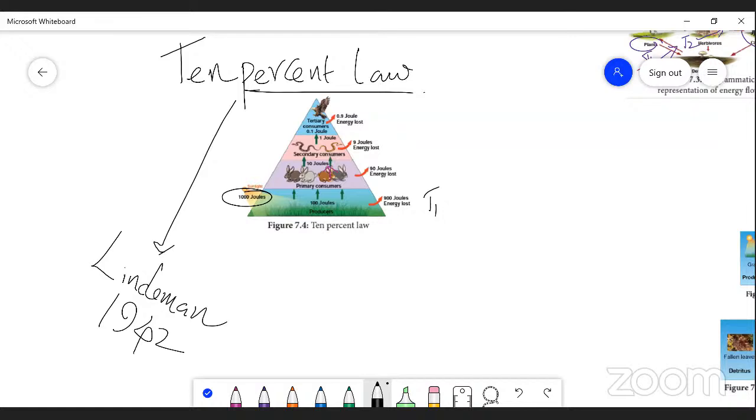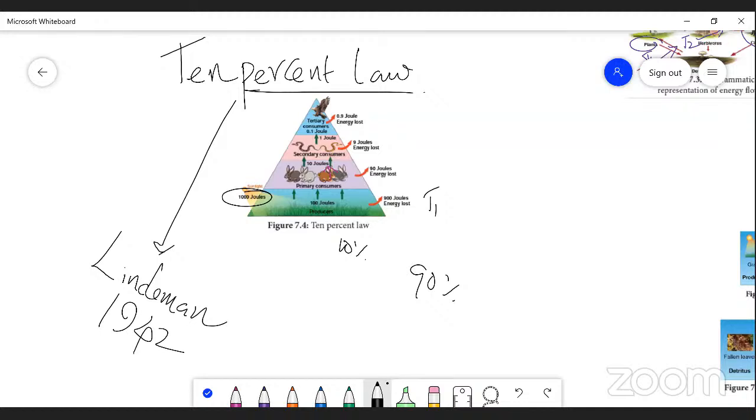in which the green plants are the producers. Producers always occupy the bottom of the trophic structure of an ecosystem. If 1,000 joules are given to trophic level 1, only 10% is taken, and the remaining 90% of joules is lost in the form of heat, right?